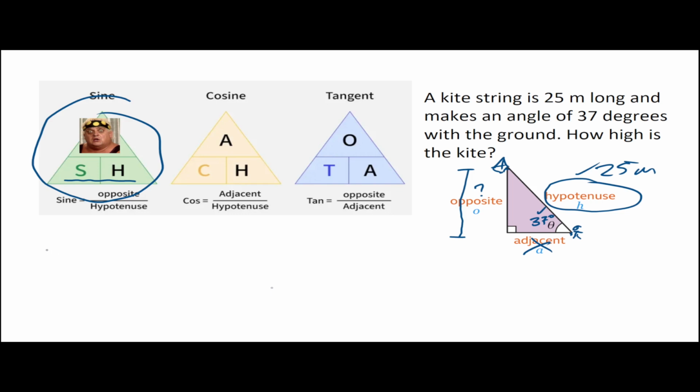So the height, which is the opposite side, is going to be equal to sine of 37 times the hypotenuse, which is 25. We race to the calculator.